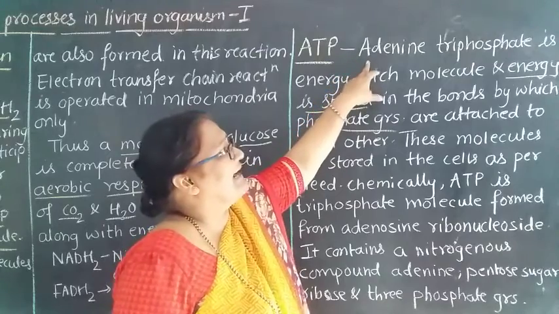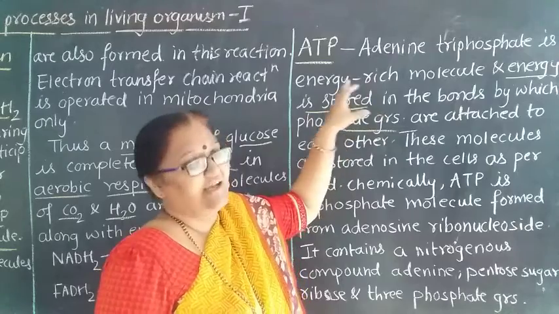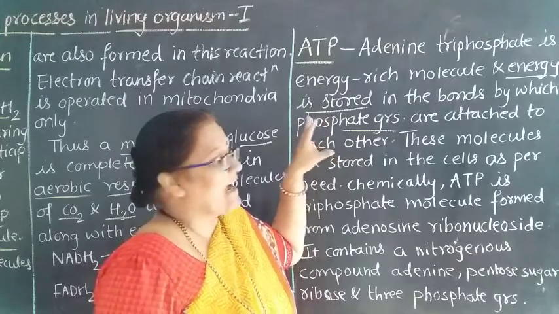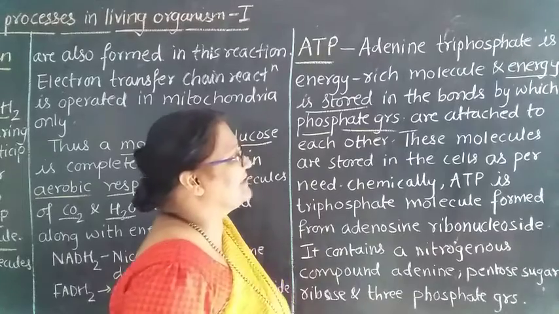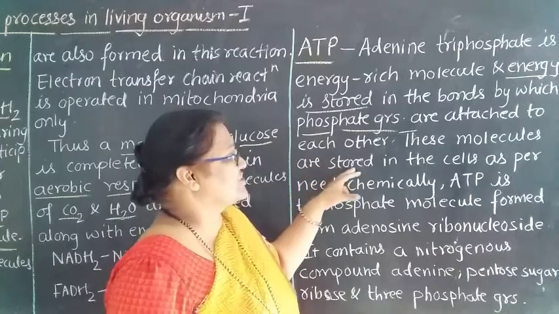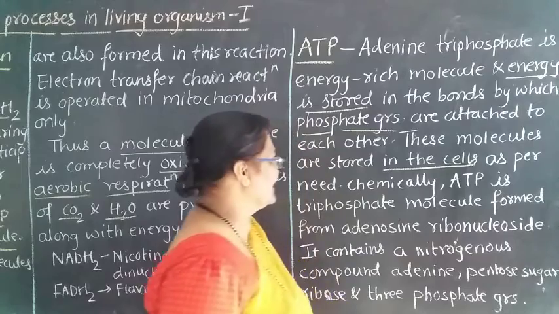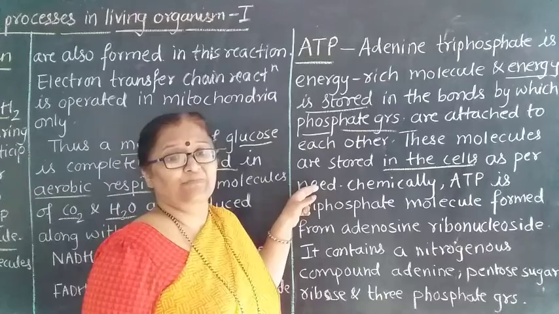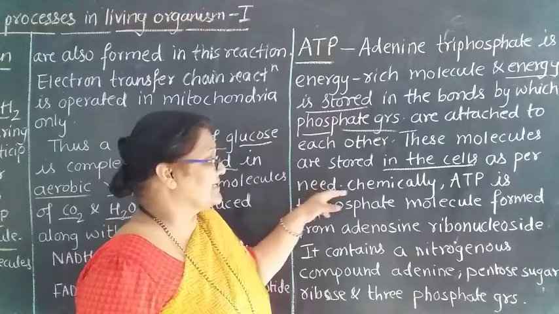ATP is adenosine triphosphate, an energy rich molecule, and it has bonds in which the phosphate groups are attached to each other. These molecules are stored in the cells as per need. Whenever you need energy, it is given to the cells.